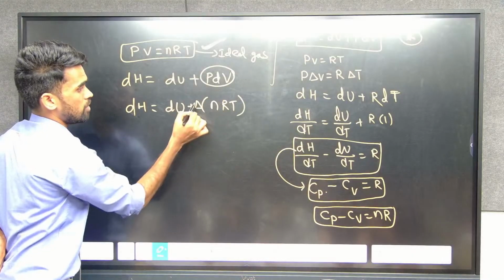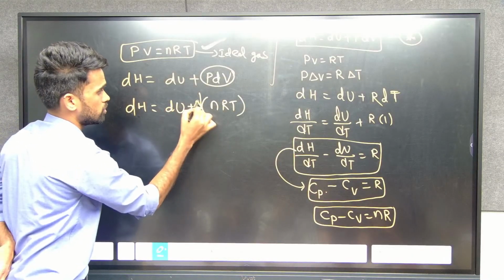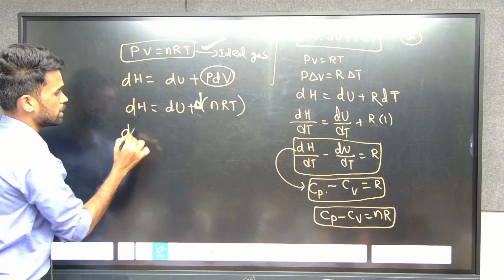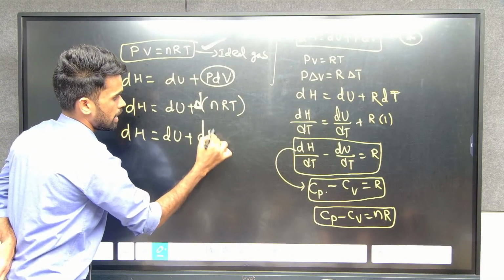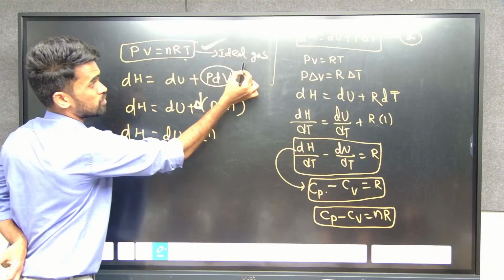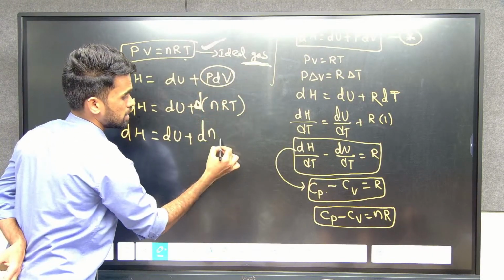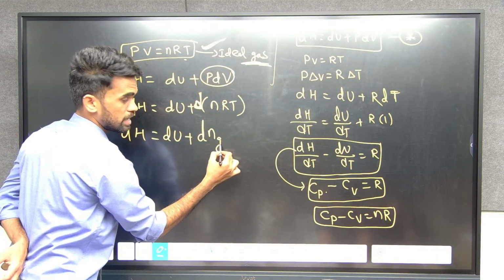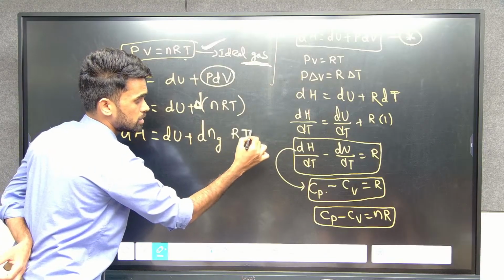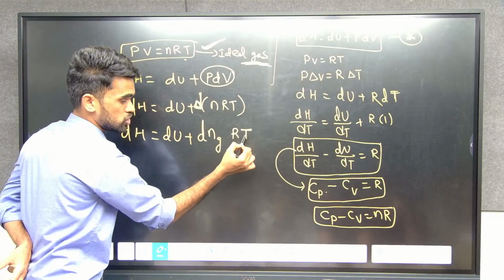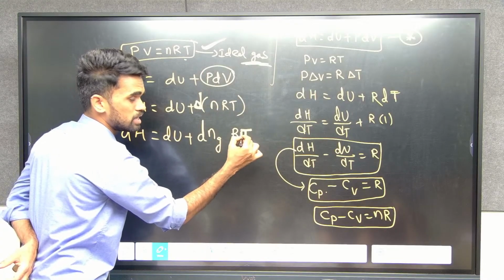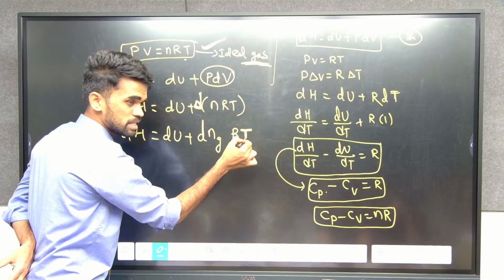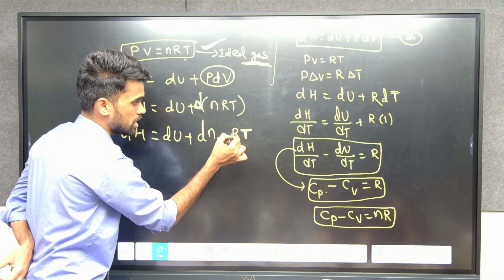This d as it is I am writing over here. If you want, you can take it like this also: dH equals dU plus dn(gas), just for indication purpose, times RT. At a particular temperature, the temperature is fixed, so temperature is constant and R is constant.